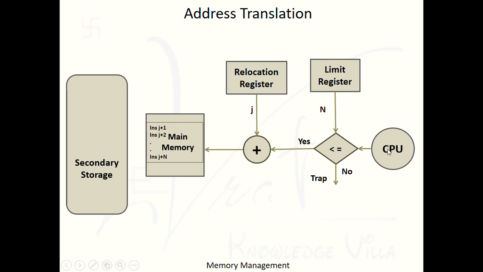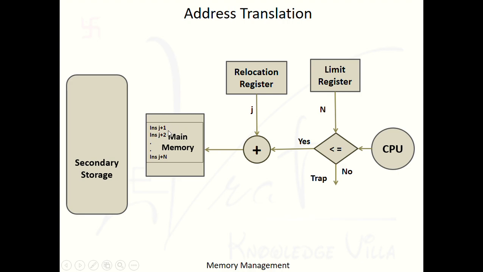Like, CPU is requesting the first instruction, so it will request with 1. Is 1 less than or equal to n or not? If n instructions are there, then yes. So it will go ahead and be summed with the relocation register, adding j to it. So 1 plus j, get it? It directly points to the first instruction, j plus 1.